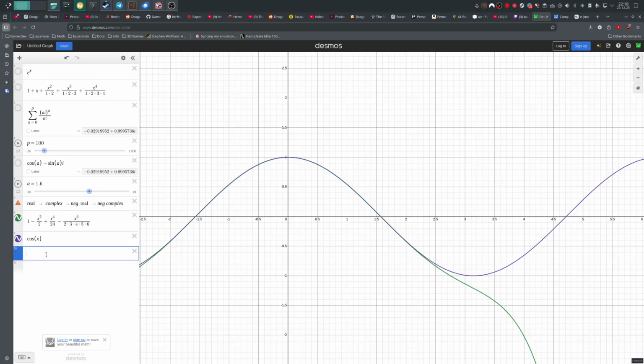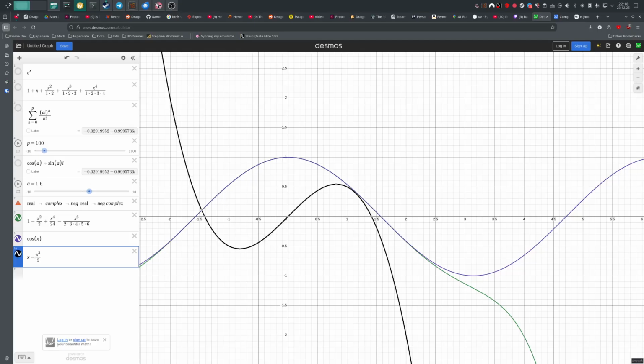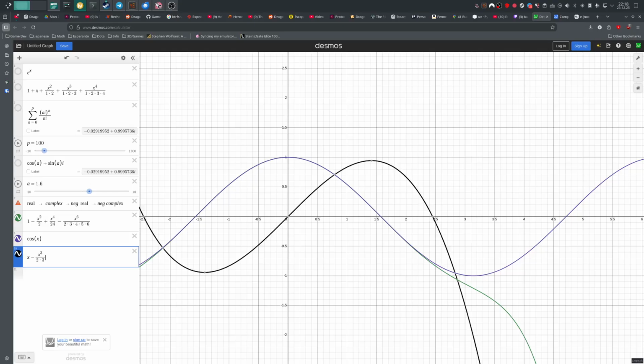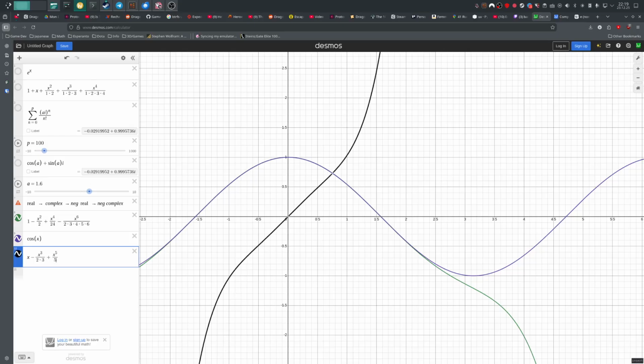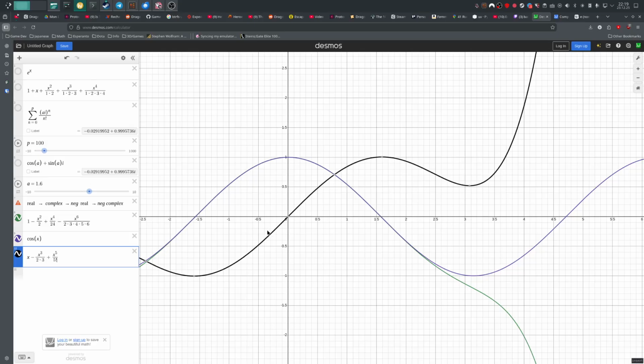And if we do the same for sine, we start with x plus, so we said minus x cubed, the one that we skipped, so 2 times 3. I could have written a 6, but whatever. And then plus x to the power 5, and we put 5 factorial, so I'm lazy.